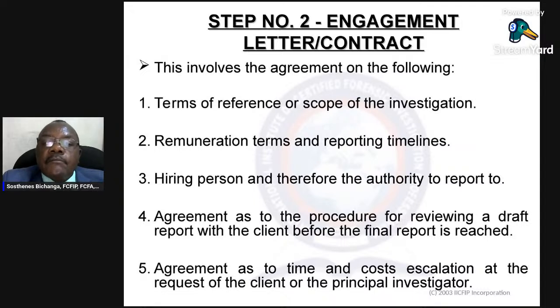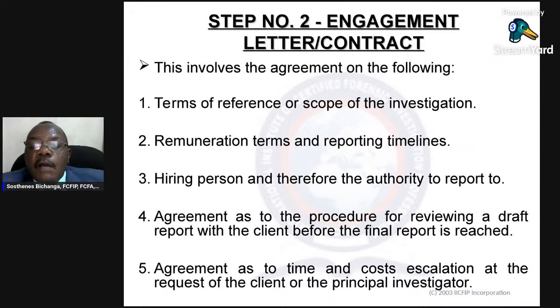The purpose of the engagement contract: it sets the boundaries and the responsibilities of the investigation team, and it also protects the investigation team in case the client raises some dispute for some work not done.